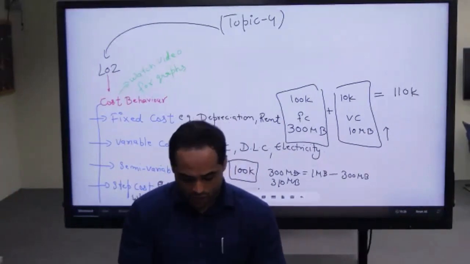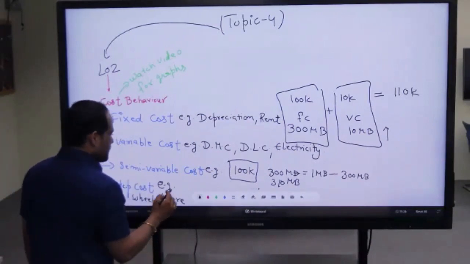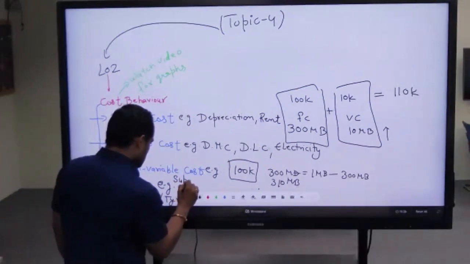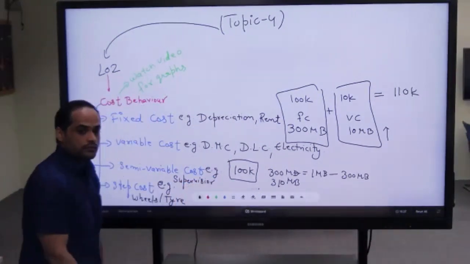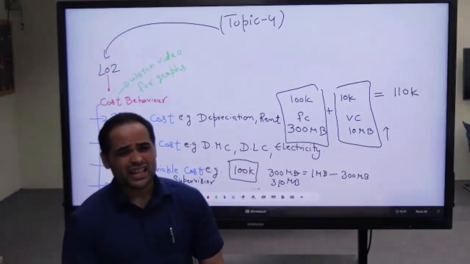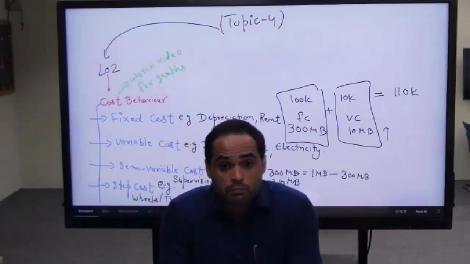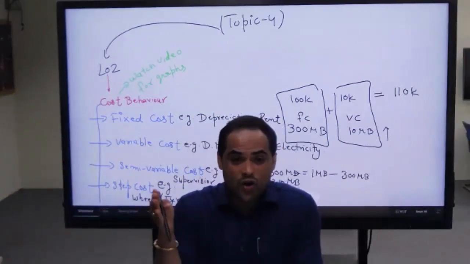Another example of step cost is a supervisor. Let's say one supervisor cannot supervise an unlimited group of workers. A supervisor has a limit of workers.